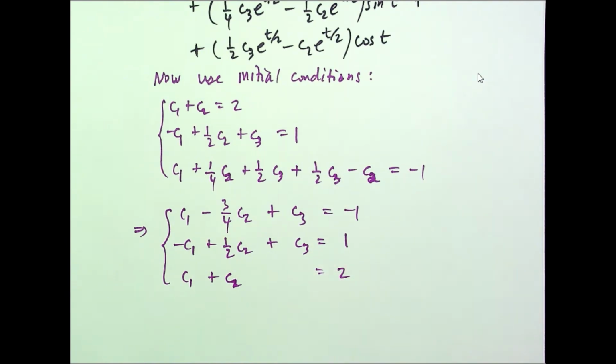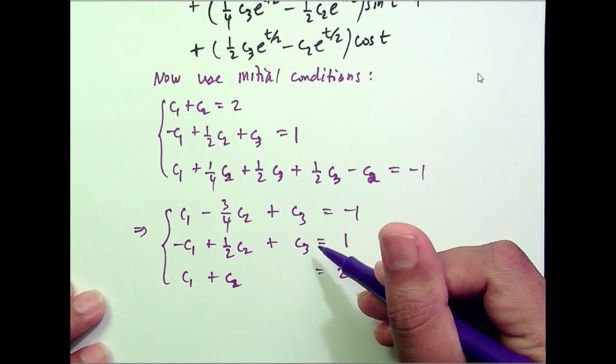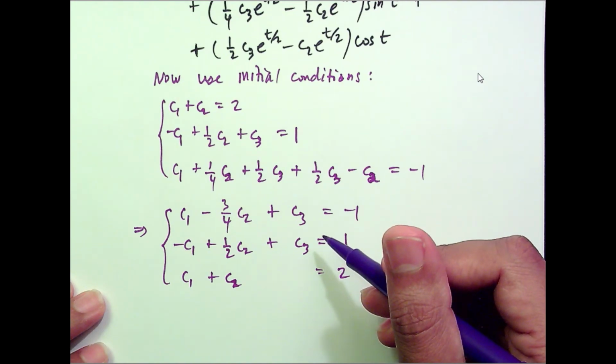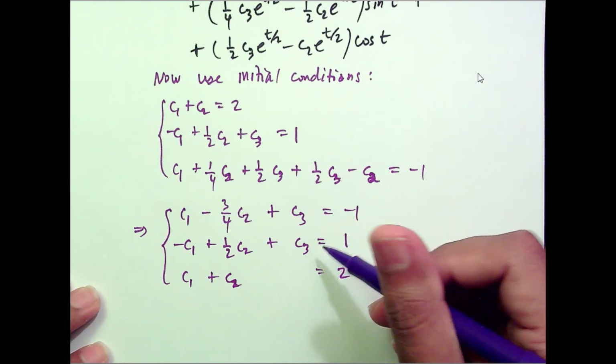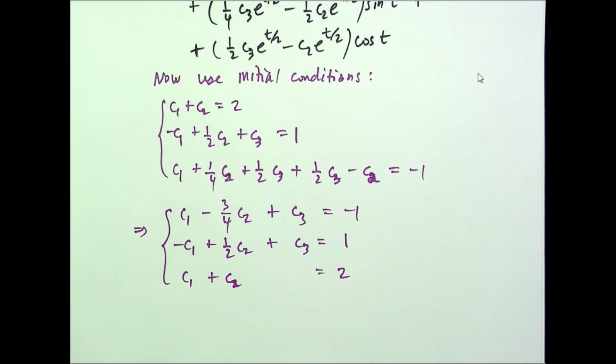All right, now let's solve this. I would like to eliminate the C3, so you can subtract these two equations. That means you can multiply the first equation by -1. I'm going to use another color here.